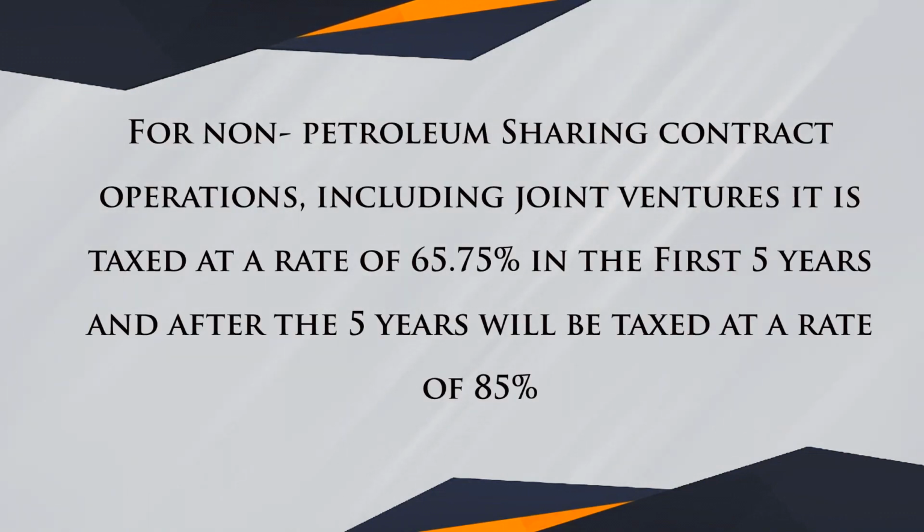Now, for non-petroleum sharing contract operations, including joint ventures, remember what we discussed about joint ventures, it is important to know that it is taxed at a rate of 65.75% in the first 5 years, one in which the company has not fully amortized its pre-production capitalized expenditure. So after the first 5 years going forward, it will be taxed at a rate of 85%.